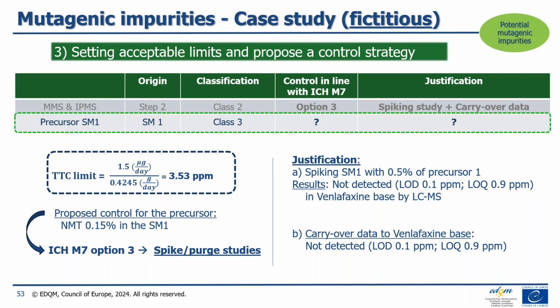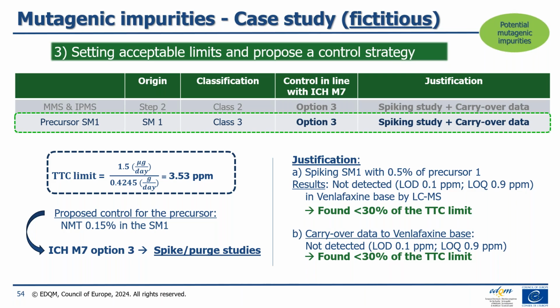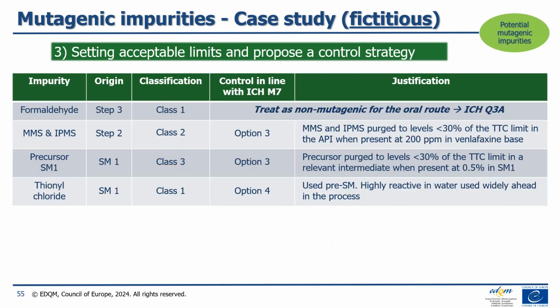So in this case, the justification was based on venlafaxine base and not directly on the final substance, but which is acceptable because it is relevant and it is foreseen also by the guideline. So again, in this case, it has been demonstrated that the impurity is found below 30% of the TTC limit. So option 3 is well justified.